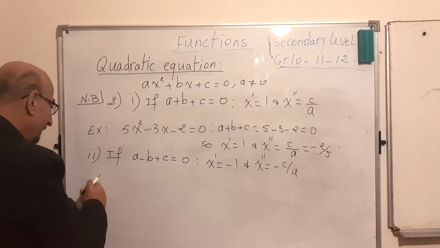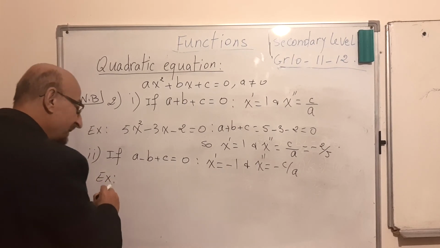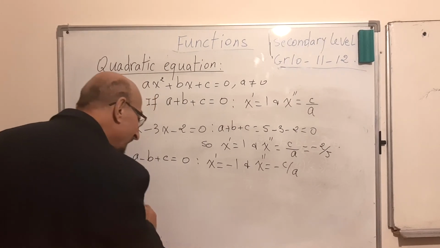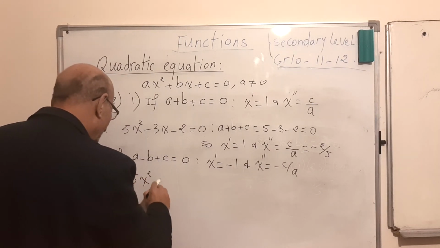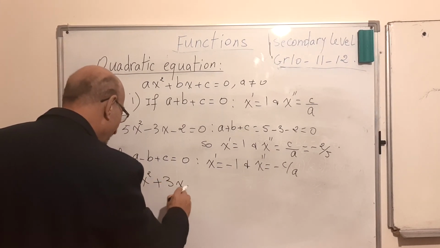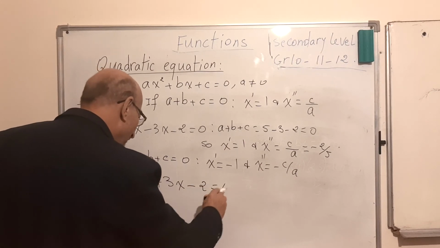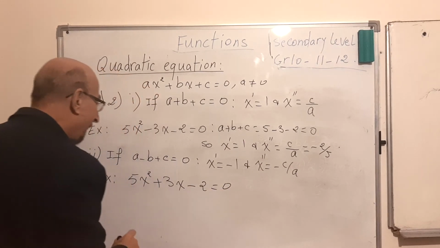For example, consider the equation 5x2 plus 3x minus 2 equals 0.